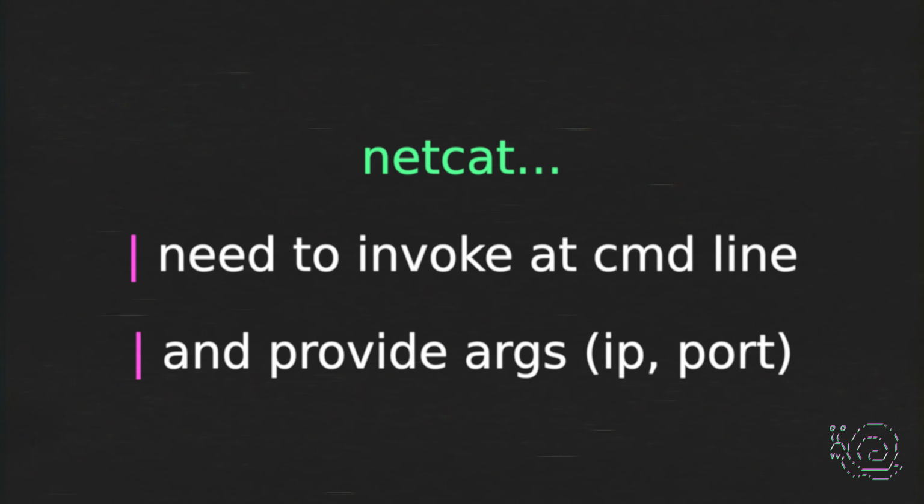Okay, so let's think about this problem then. So we want to run netcat, but maybe we can't actually run it directly with Juicy Potato. Maybe what we basically need is some exe or some executable that can act as a proxy that is basically going to, in its turn, call netcat and provide arguments at the same time. So is that something we can do? Well, I'm sure you've done this many times before in something like a bash script, right?